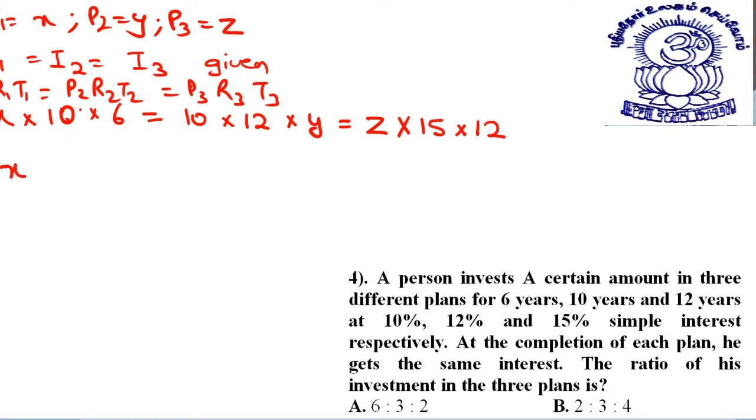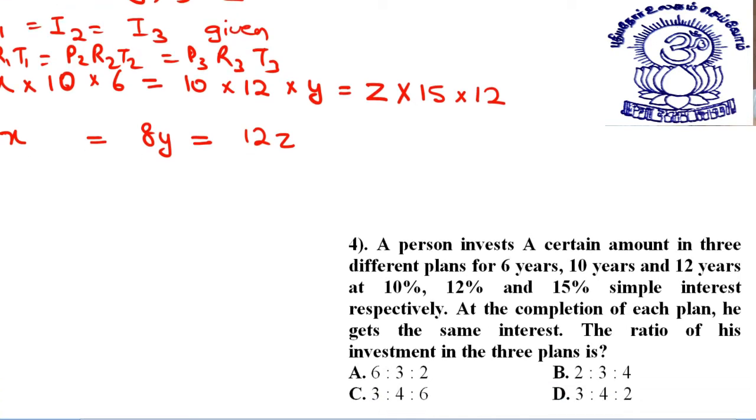This is 60, cancelling everything by 15, 60 gives me 4. This is 120, cancelled by 15 gives me 8. The last thing cancelled by 15 gives me 12z. So that way I can say 4x is equal to 8y is equal to 12z.